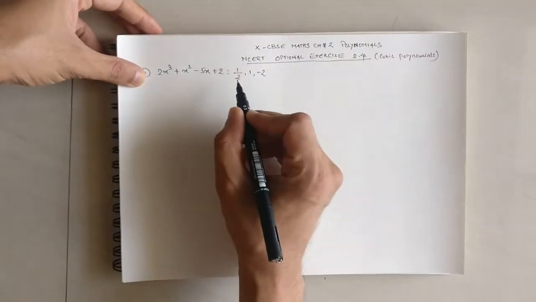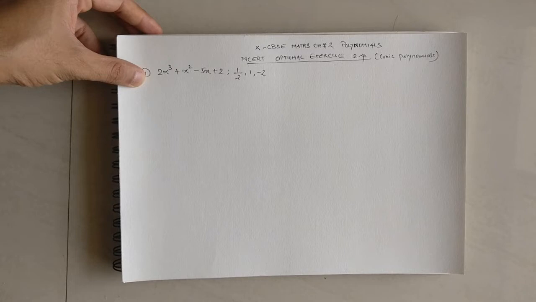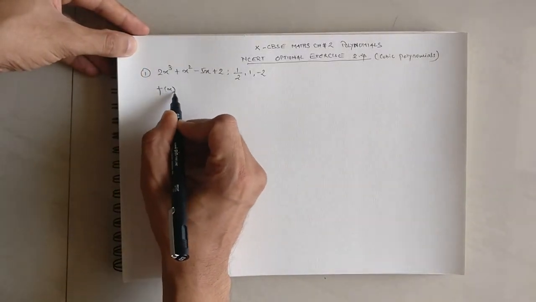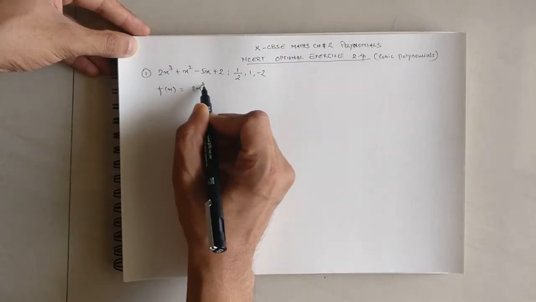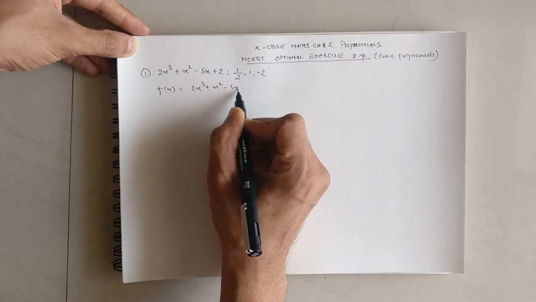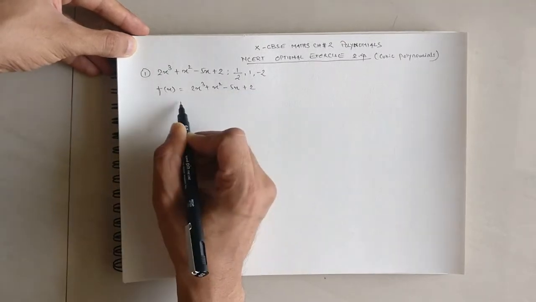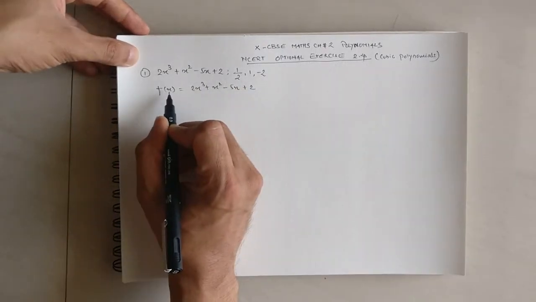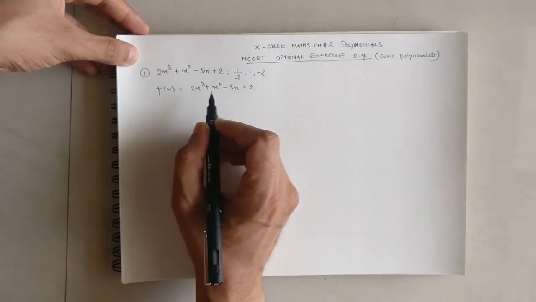First we need to verify that these are the zeros of the given polynomial. So what we will do is we will write f of x is equal to 2x cube plus x square minus 5x plus 2. Then we will put the values of each zeros in the place of x in this given polynomial one by one.